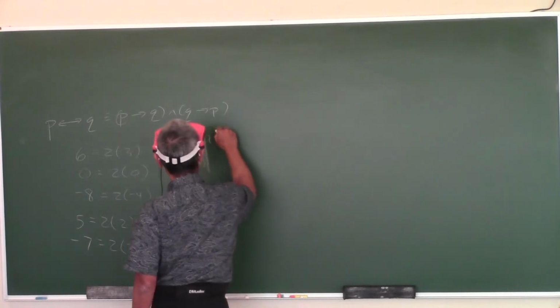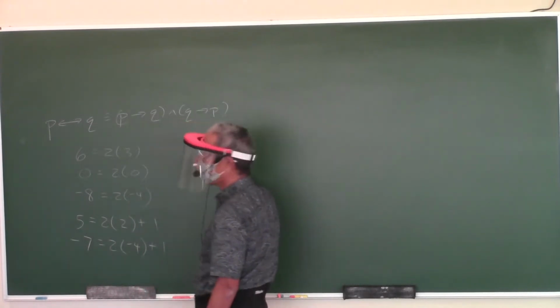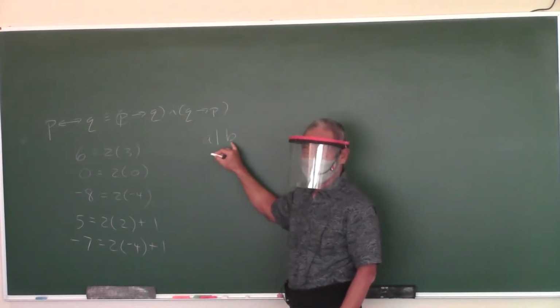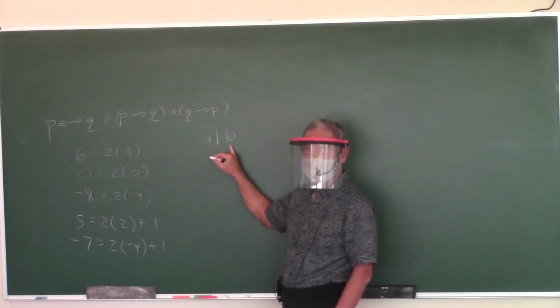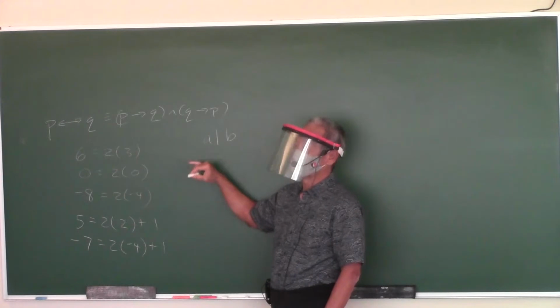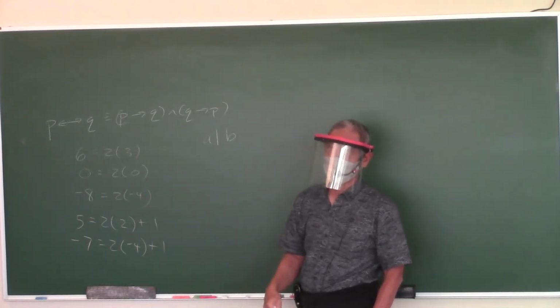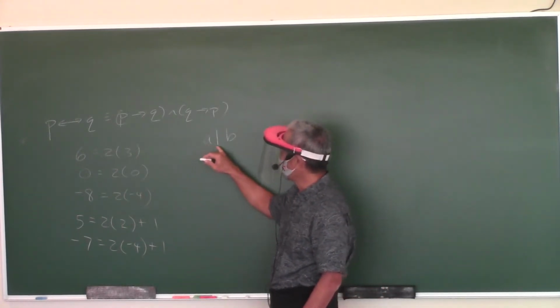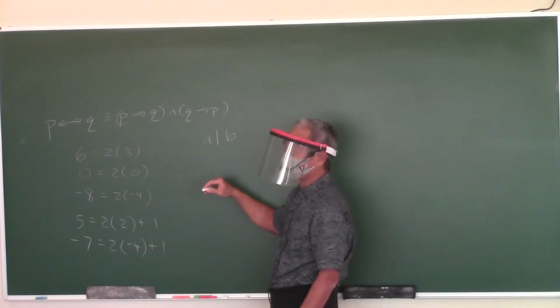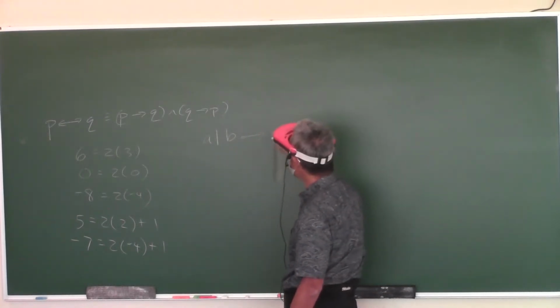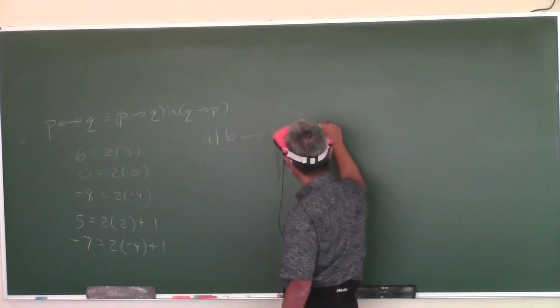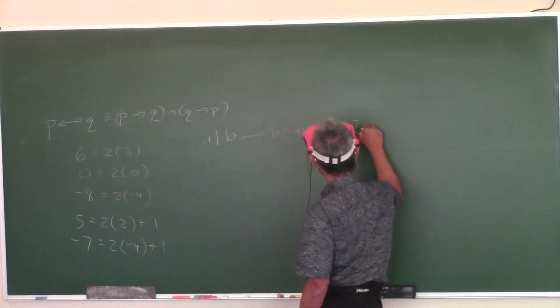A divides B. That's the way we say it. Or another way you can think of it is A is a factor of B. Most number theory people will just tell you A divides B if and only if B is equal to AK for some integer k.